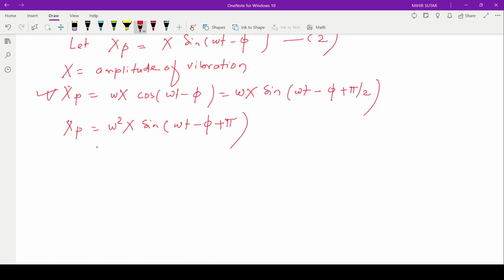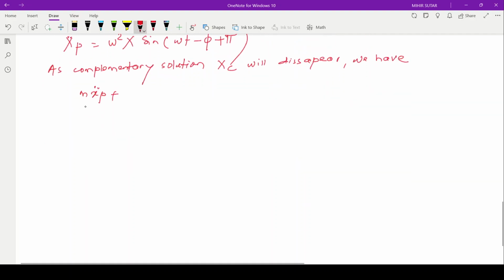So as the complementary solution xc will disappear, we have m x double dot p plus c x dot p plus k x p equal to F0 sin omega t.